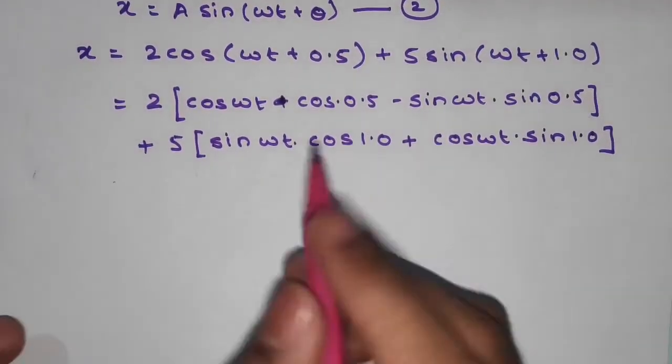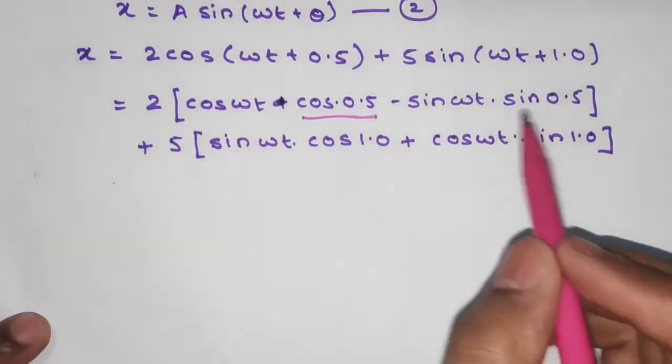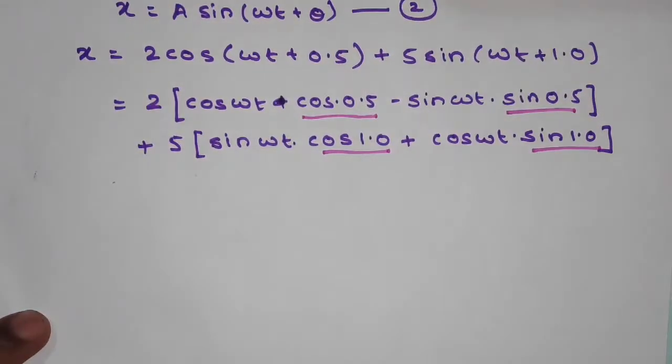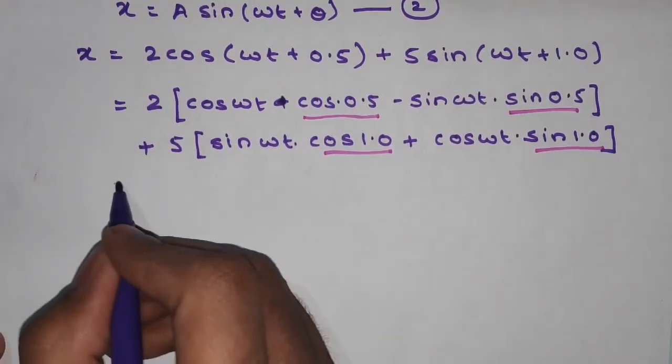Here we have the terms cos 0.5, sin 0.5, cos 1 and sin 1. These values can be directly calculated using the calculator. When you are using the scientific calculator, please make sure that it is set in radian mode. This is very, very important here.